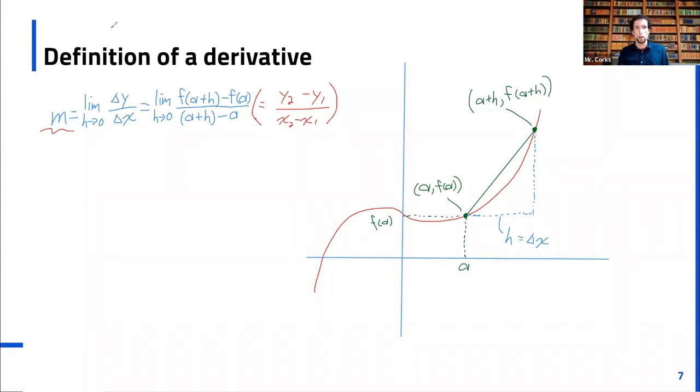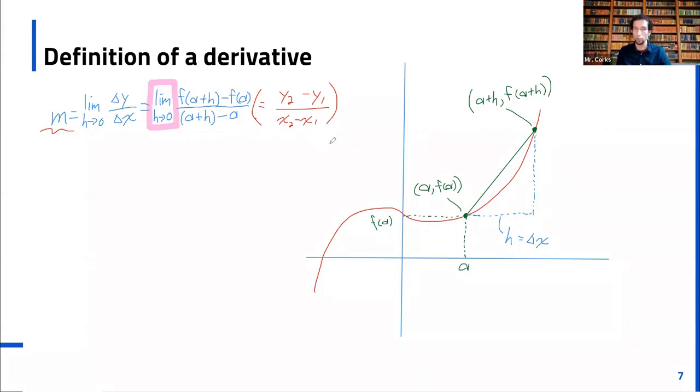So that is where our whole idea of a derivative is coming from. We take our slope formula, y2 minus y1 over x2 minus x1. And then we say, let's take the difference between those 2 points, the delta x, and let's just make it really, really small. That's the limit as h approaches 0 part.